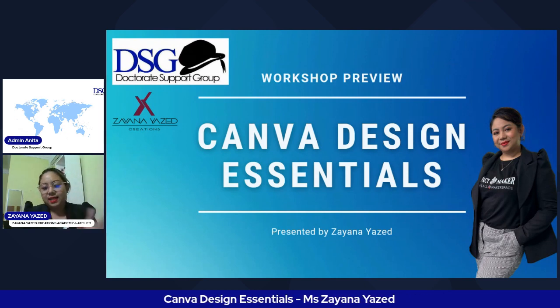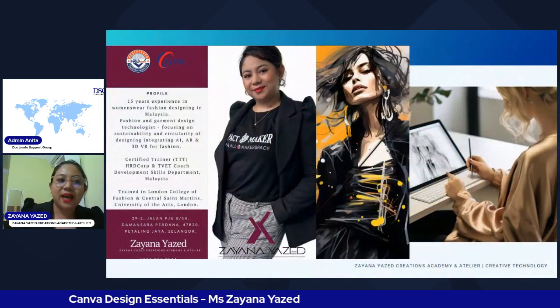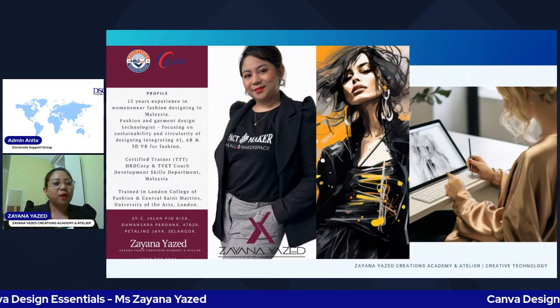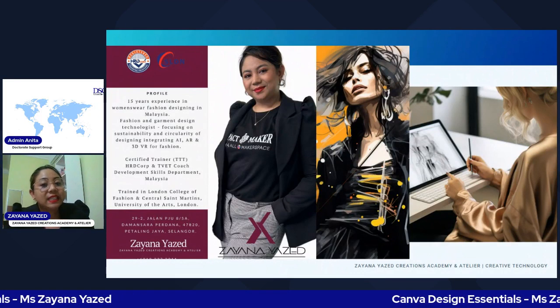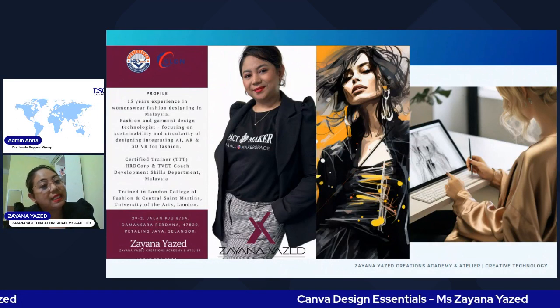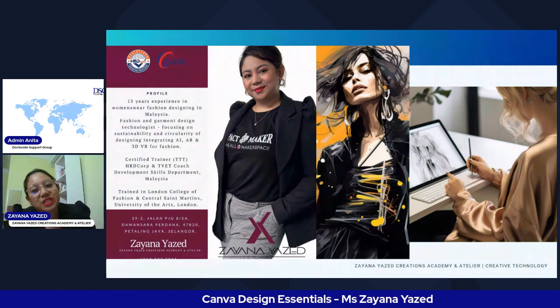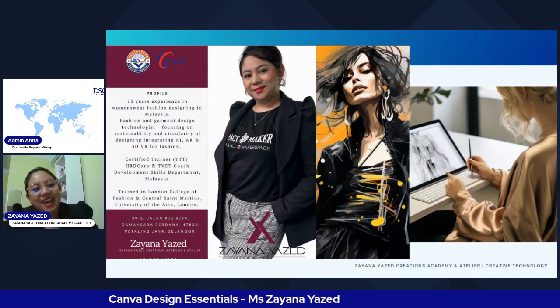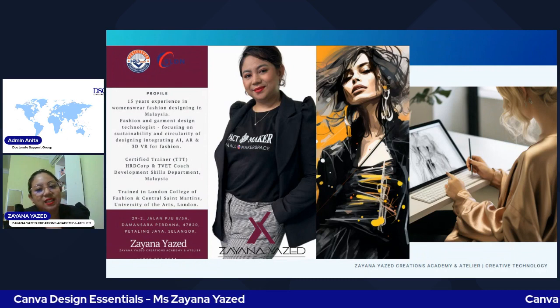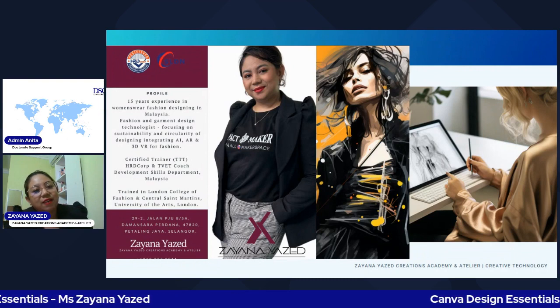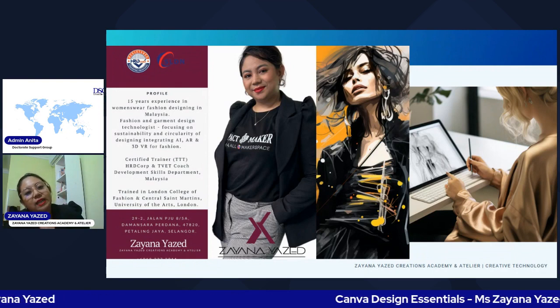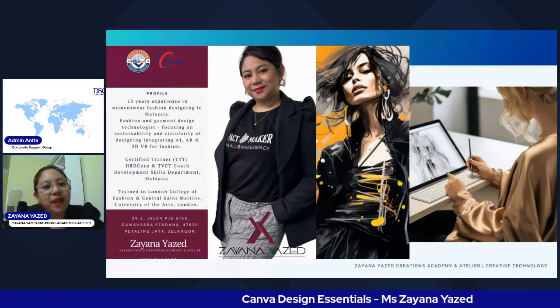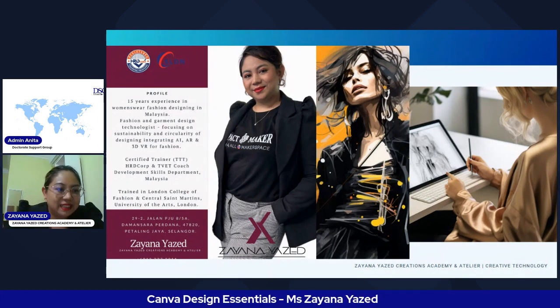So, my name is Zaina Yazid, and this is my brief overview about me. I'm actually a fashion designer, and also a designer that uses technology in my work. I create not only fashion, but also visual images and designs, and I play a lot with visual presentation.